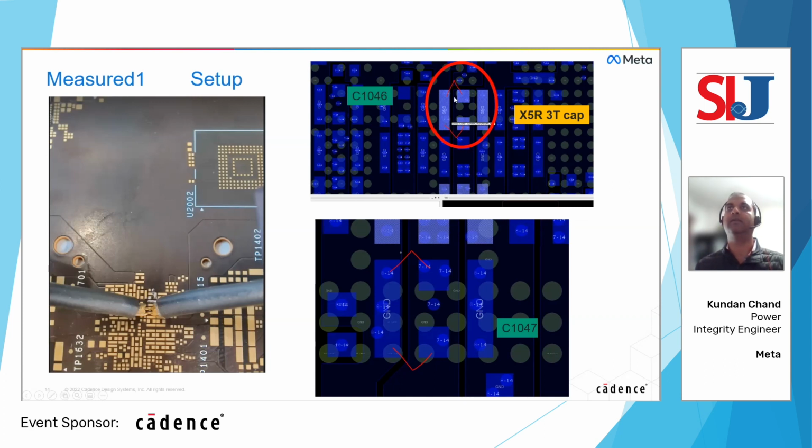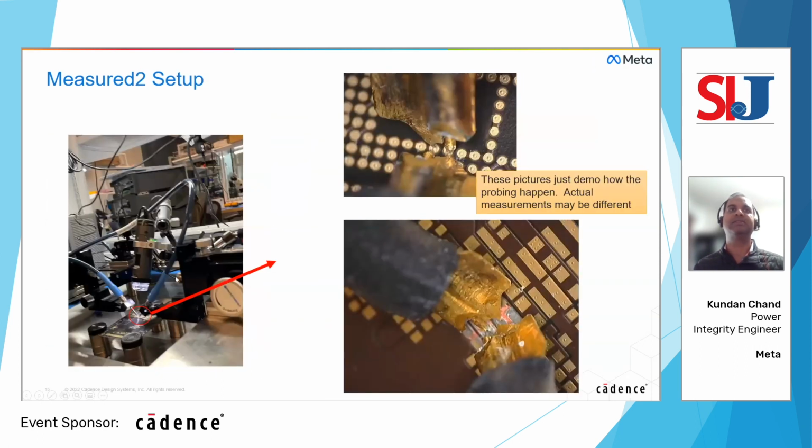Both the probes were landing on the same pad pairs, and this is the other measurement setup where we used the same board, and we probed like you can see here on the back side on the capacitor power ground pads, and on the top on the BGA pairs.